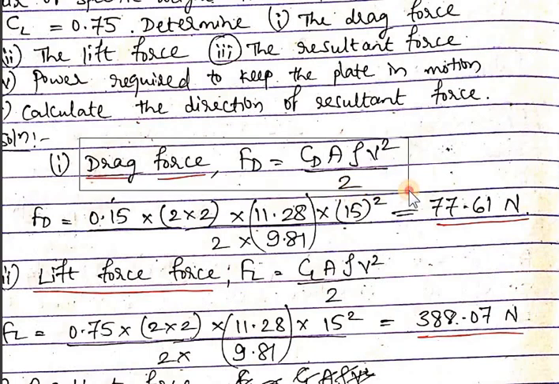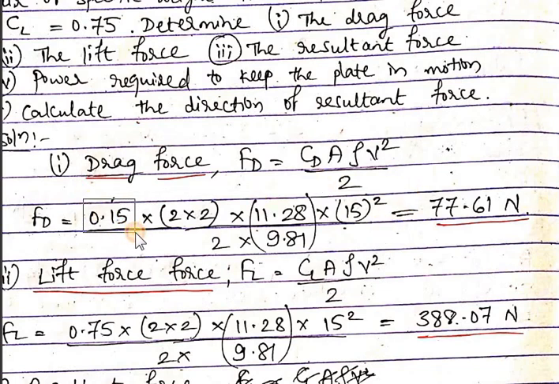In this case you can observe the coefficient of drag is given as 0.15. So drag force is less than lift. And the area of the plate is also given as 2 by 2 meters. Then rho is given in terms of what? Specific weight. So that we need to convert to density. To convert from specific weight, we have to divide by 9.81.